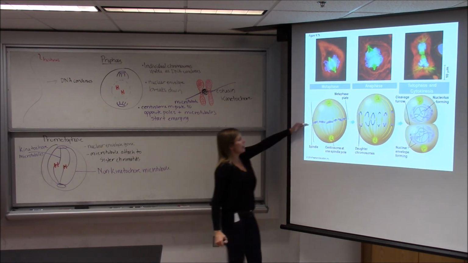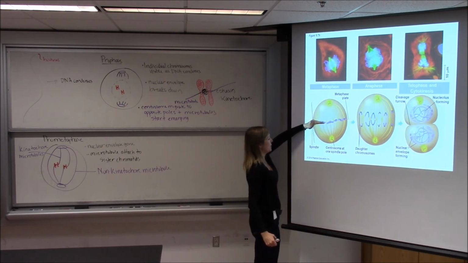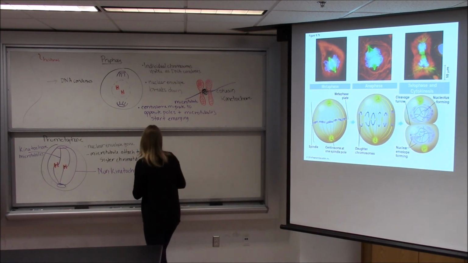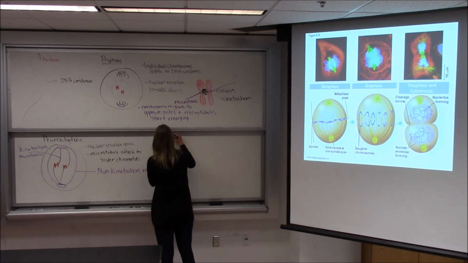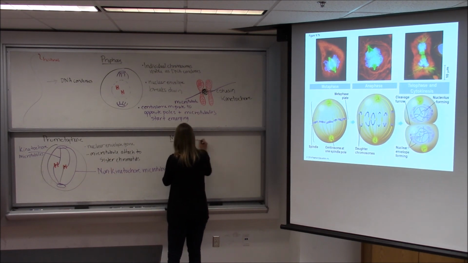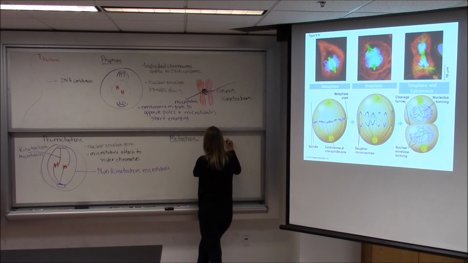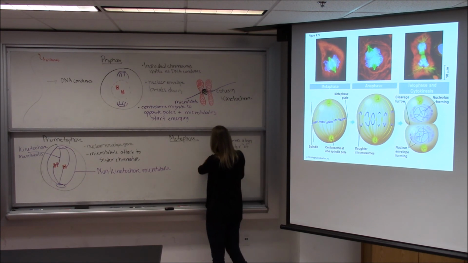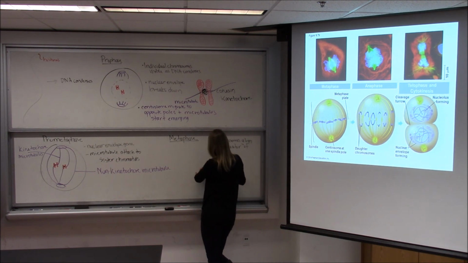As soon as they're aligned in the middle, they're in metaphase. This imaginary equator of the cell is called the metaphase plate. So chromosomes align at the equator, in quotes, of the cell. And it's called the metaphase plate.